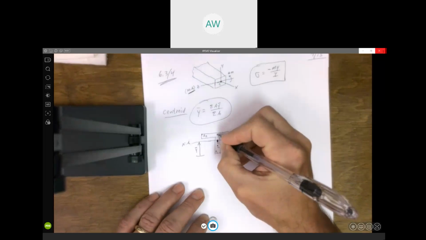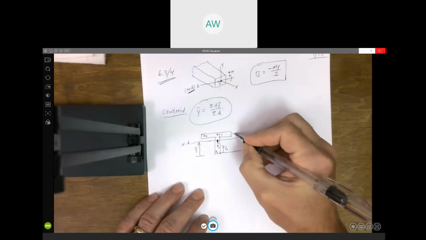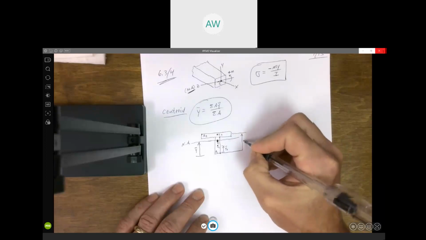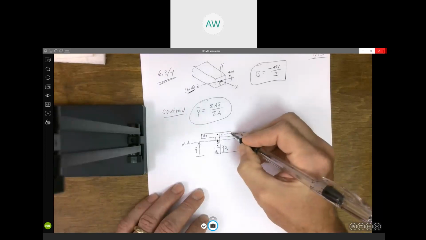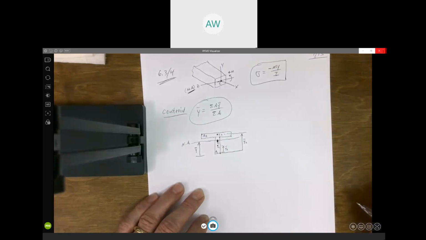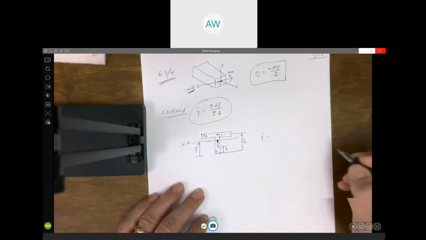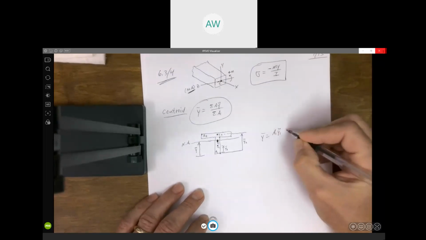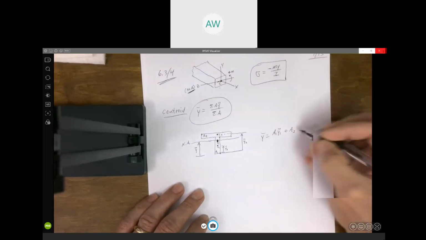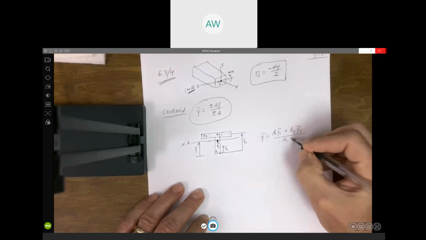It's the location for the centroid of each piece. Likewise, for area 2 up here, we need to know what that distance is. That's the distance to the centroid of area 2. And then it's just a matter of summing those things up. You take A1 times y tilde 1 plus area 2 times y tilde 2, divide by the sum of the area.